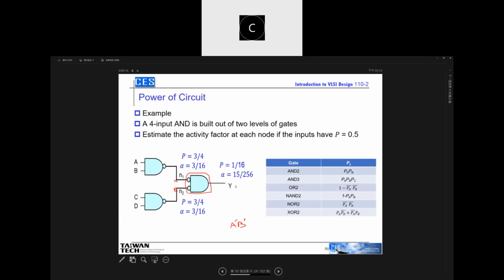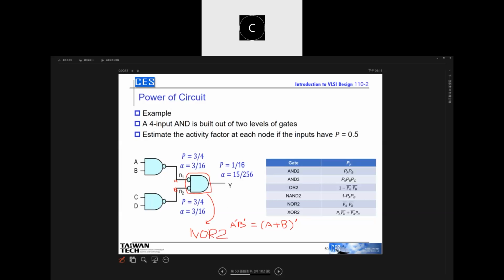Okay, so we know that this will be equal to A plus B and then prime, right? Correct, according to the De Morgan's rule. So this is actually a NOR gate, a two input NOR gate.